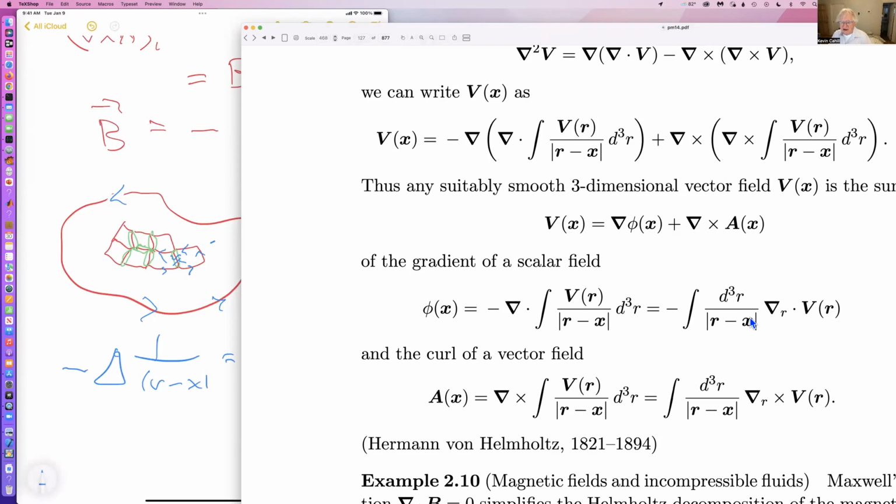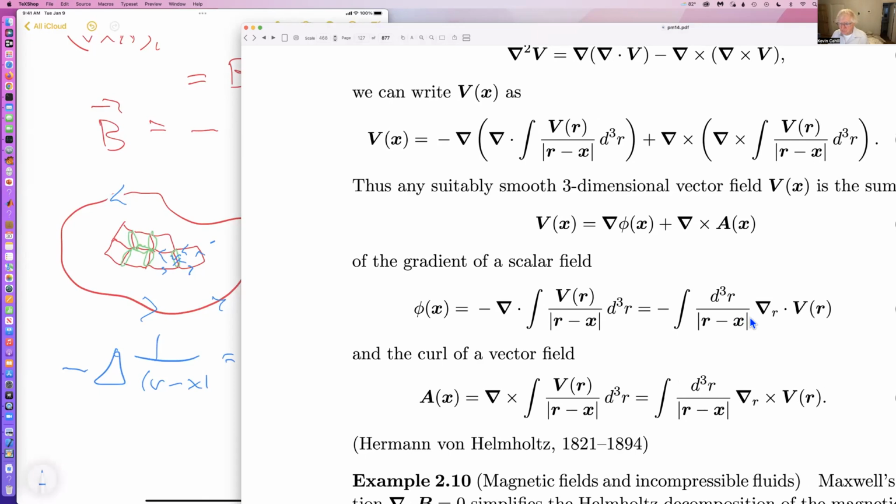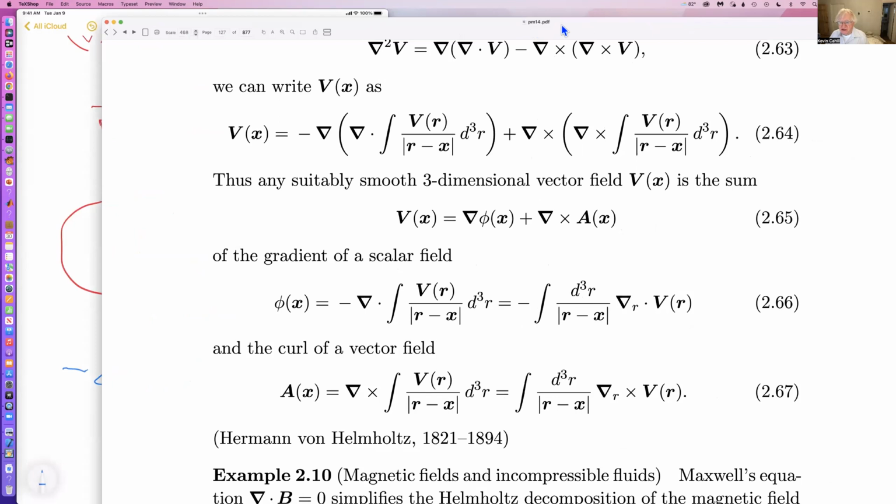And this is the derivative with respect to x here. We can bring it inside and make it a derivative with respect to r. And it seems to me when you bring it inside that there's a minus sign that occurs there.